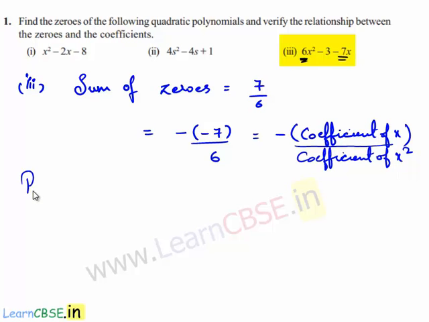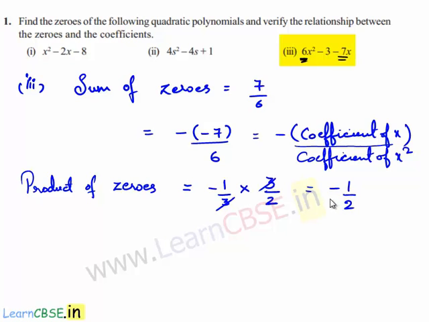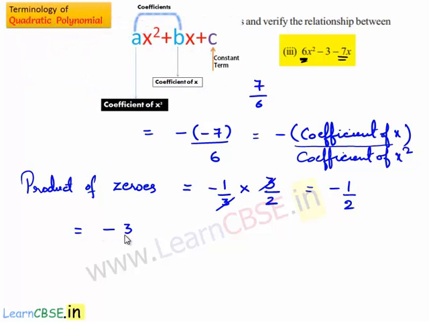Now, the product of zeros is equal to minus 1 by 3 multiplied by 3 by 2. So 3 and 3 can be cancelled and we'll be getting the product of the zeros as minus 1 by 2. Now, minus 1 by 2 can be written as minus 3 divided by 6.